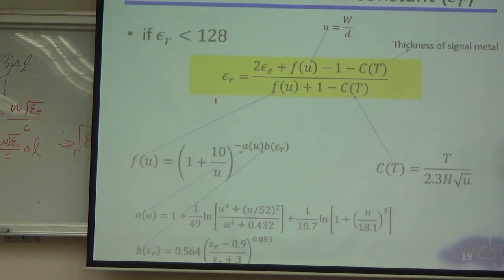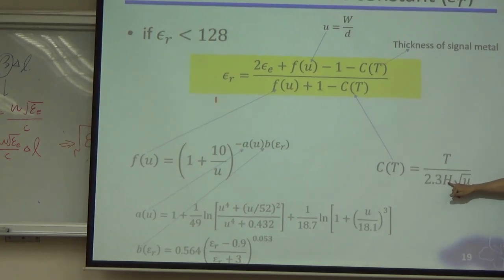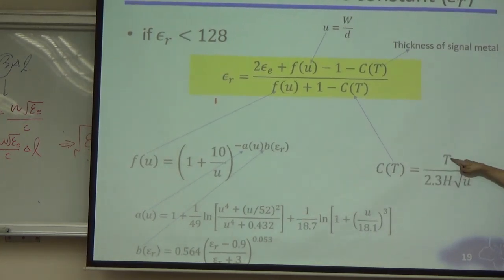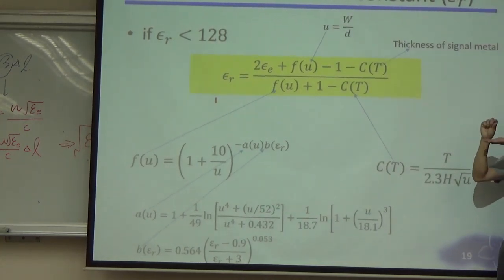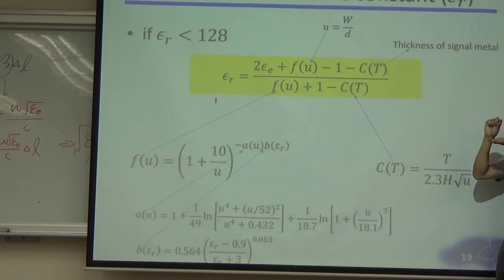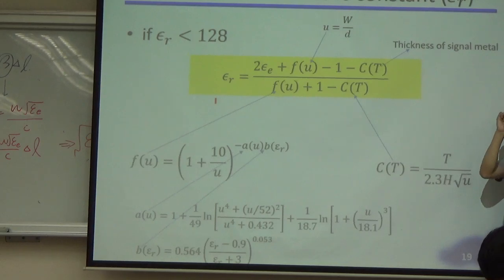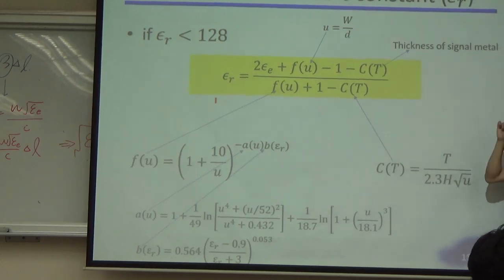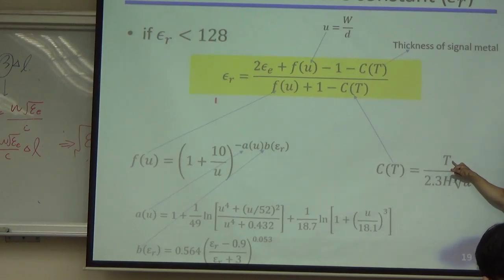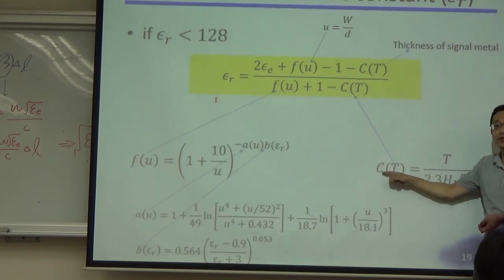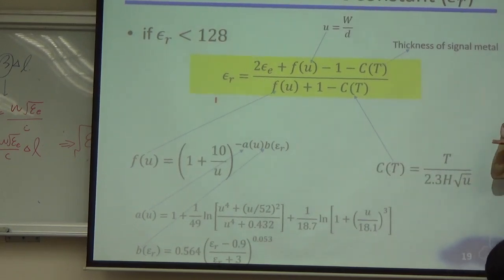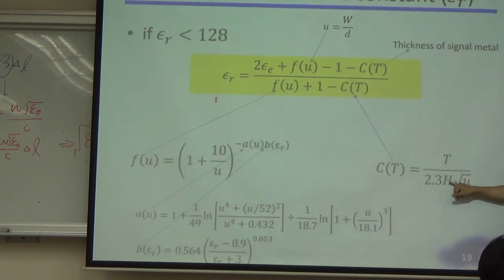T is the thickness of the upper conductor. We didn't mention that so far. So C is a function relevant to the thickness of the signal line. And I think this is a small d.